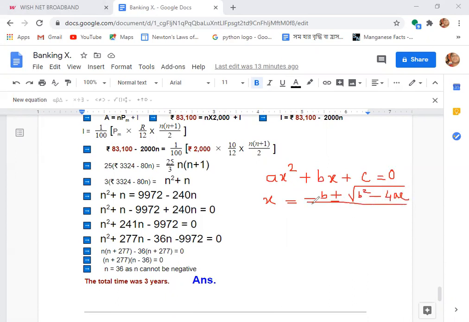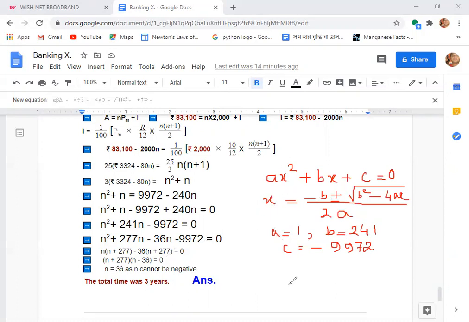So this is Sridharacharya's formula. So here what is a? A is 1, b is 241, and c is a very large number, 9972. So if you put these values, then you get the value of x, meaning n.